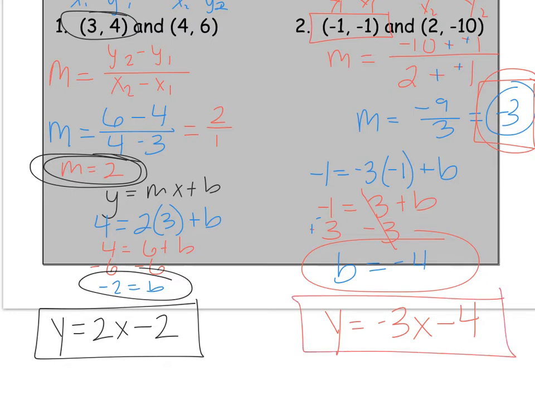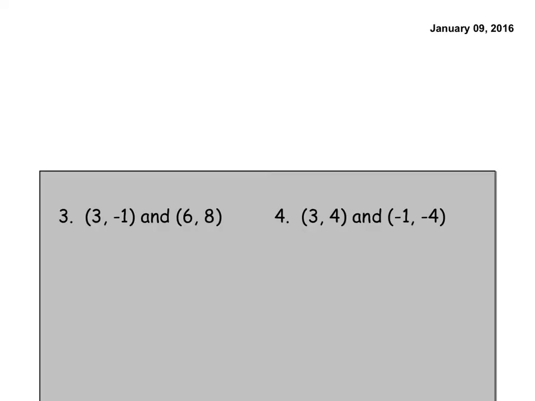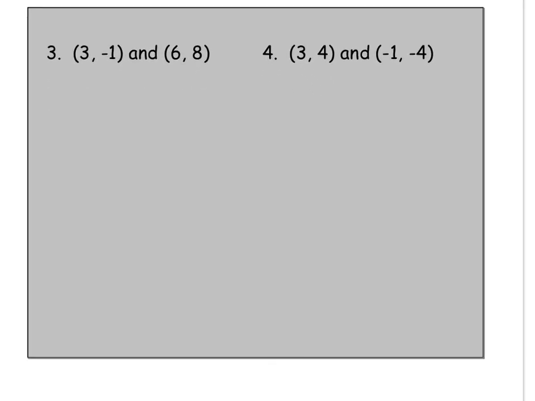Okay, so following these steps, see if you can try a few. Okay, so I'm going to do slope is 8 minus -1 over 6 minus 3.